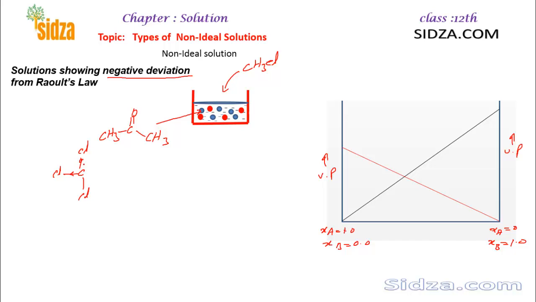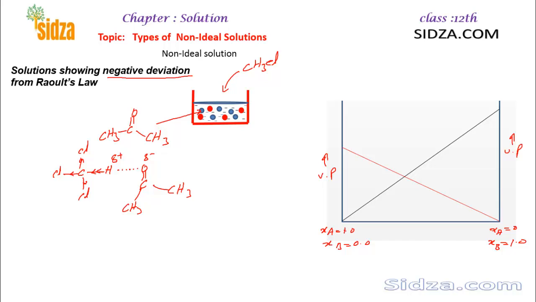They pull the electrons from the carbon, and the hydrogen attached to the carbon will attain some significant positive charge, and that positive charge will interact with the carbonyl group of the acetone, and now the force of attraction will be stronger.